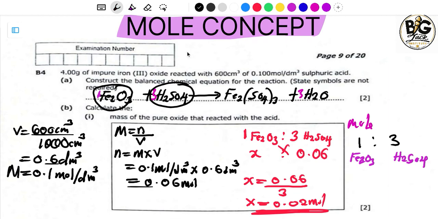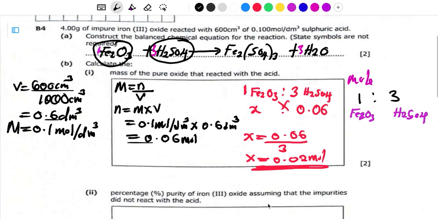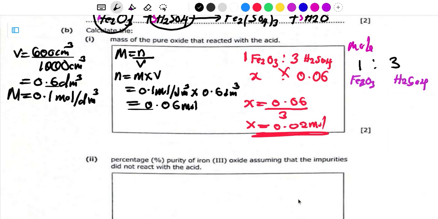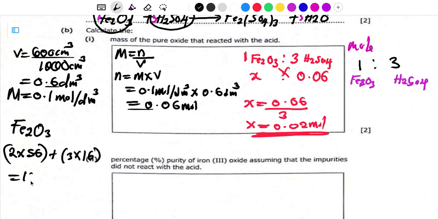So how are we going to calculate the mass? To calculate the mass, we have to first find the molar mass of iron(III) oxide. We know that iron(III) oxide has 2 atoms of iron and 3 atoms of oxygen. So it is 2 multiplied by the mass number of iron, which is 56, plus 3 atoms of oxygen multiplied by the mass number, which is 16. Then I'm going to get 160 grams per mole, the molar mass.